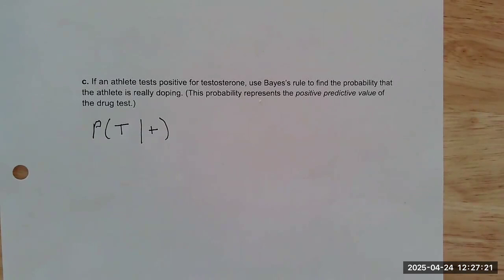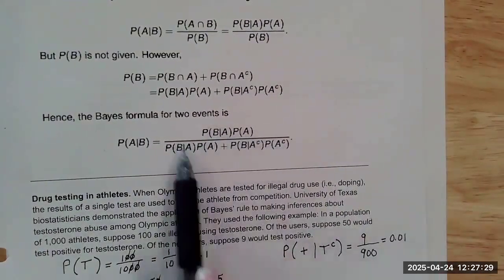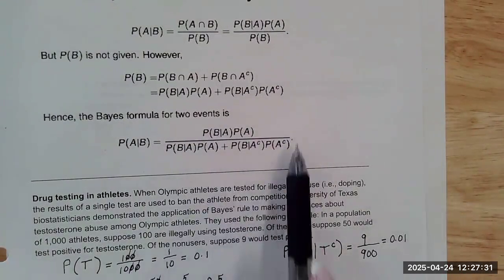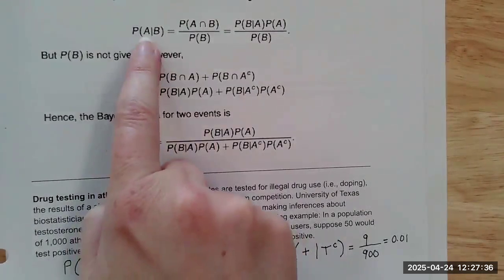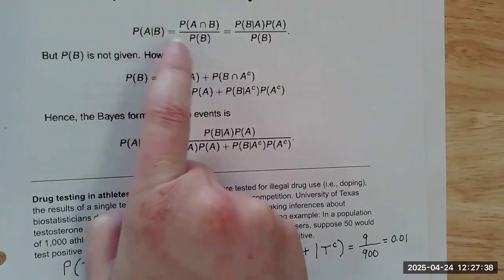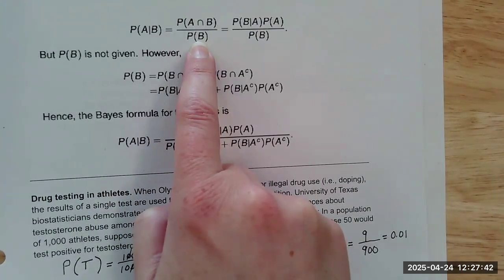So we got to flip them around. To flip them around involves that fun formula that's at the top over here. What I'm going to do is use this ugly one down at the bottom. Why am I going to use the ugly one down at the bottom? Because in this problem, A given B, I have to have the probability of B to answer the question, right?